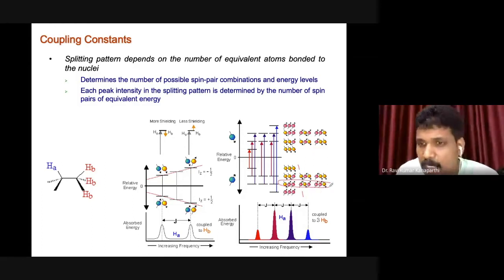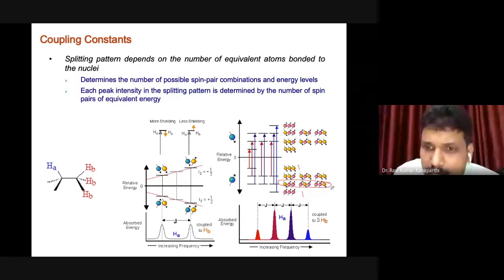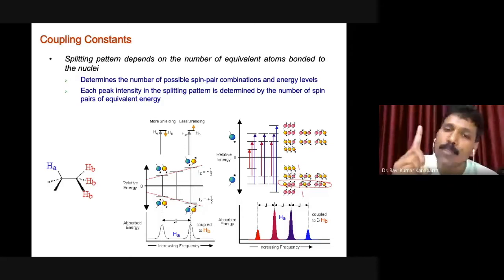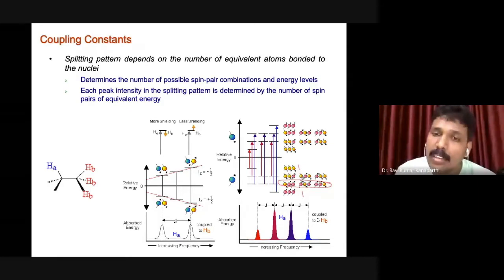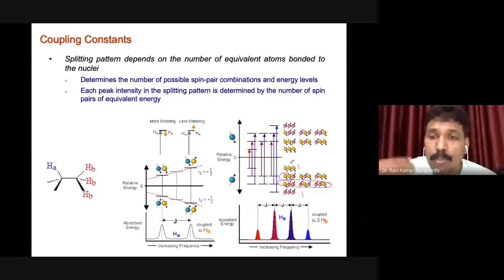Just imagine, alpha spins are lower in energy, beta spins are higher in energy. In this case, two spins are pointing downward, and one is upward, so this is slightly higher in energy, and naturally the three spins pointing downward will be lower in energy.